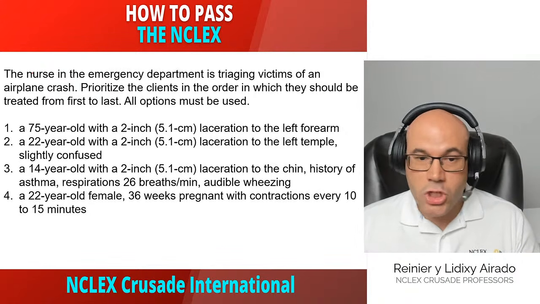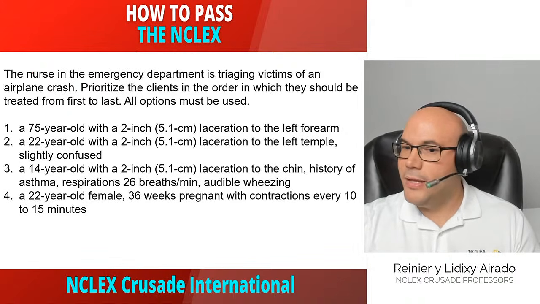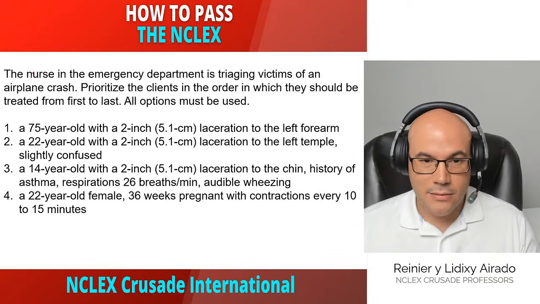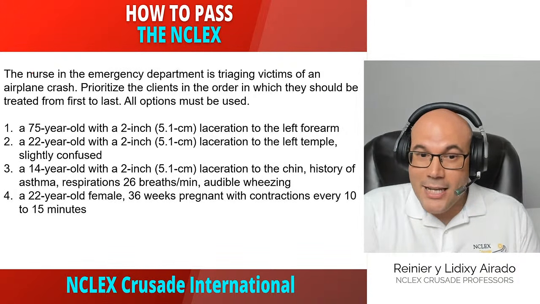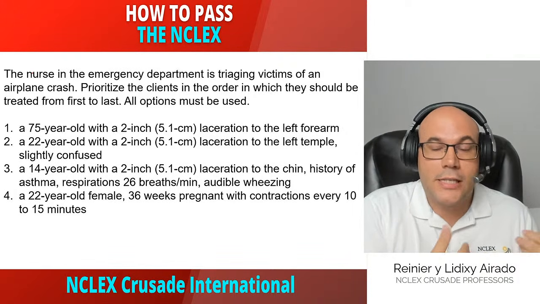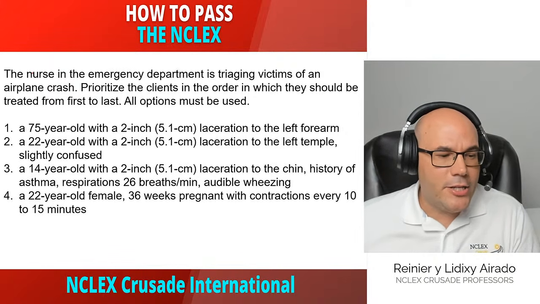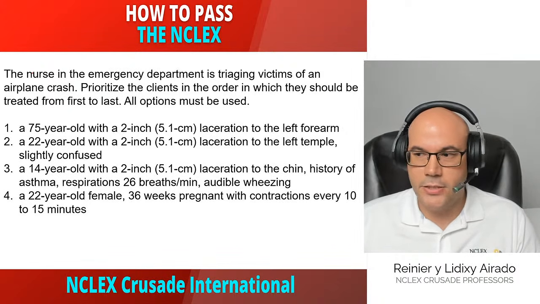They are so unstable that they will probably die within the next few minutes. That is going to be my last patient to see. As you can see, that is probably the most unstable patient, but those patients don't have a chance of survival. So we're going to leave those patients for last.